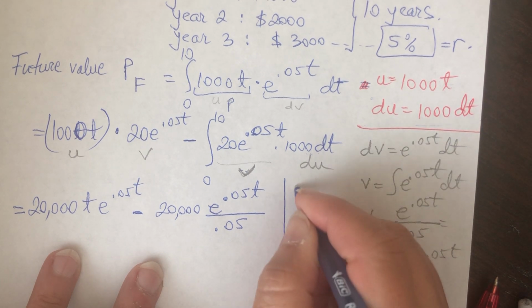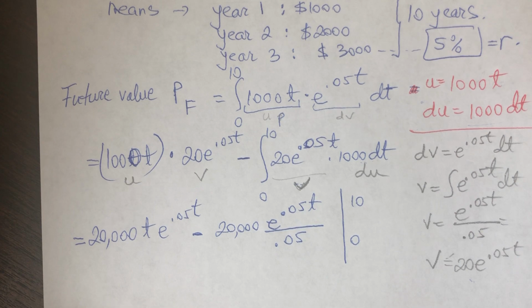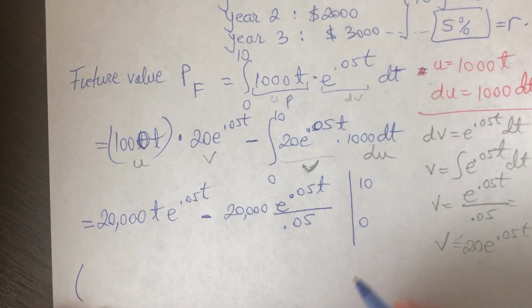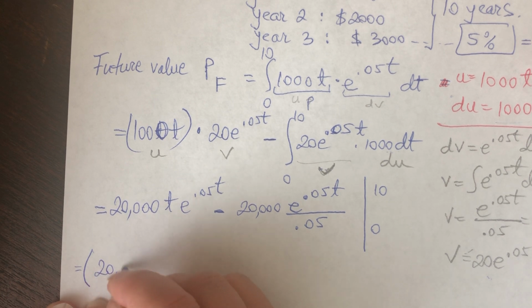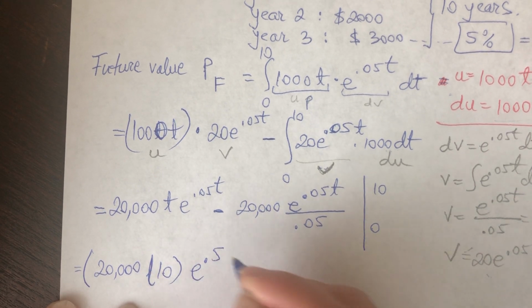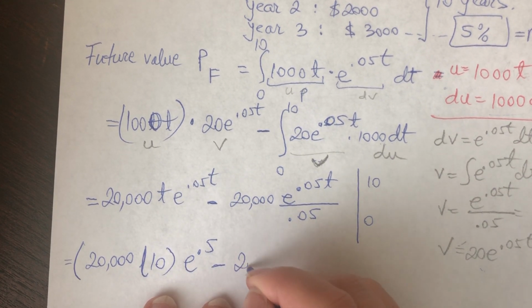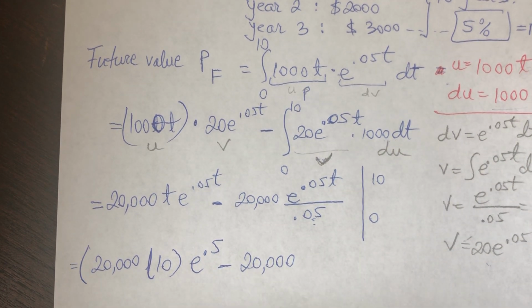Okay, so take this and plug in a 10 and a 0, and let's see what we get. So I'm going to plug in the 10. So that's going to be 20,000 times 10 times e to the 0.5 minus 20,000 divided by 0.05. I'm going to fix that. So 20,000 divided by 0.05 is itself 400,000.